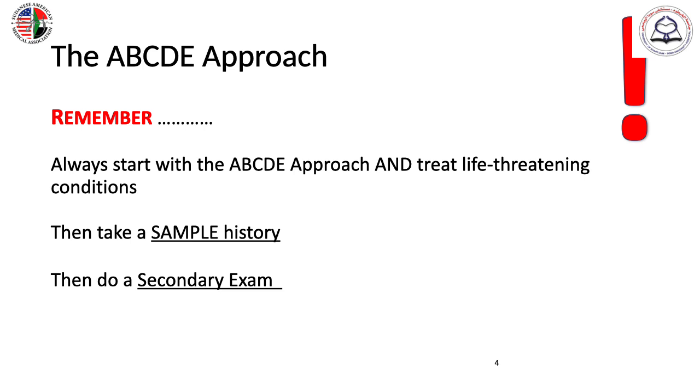After you do the quick primary survey, you take history and go through the steps of the SAMPLE history. After that, you do a secondary detailed examination to find clues about the most likely cause, or even if you missed something in the primary survey, this is a chance to figure it out, and then you start the treatment.